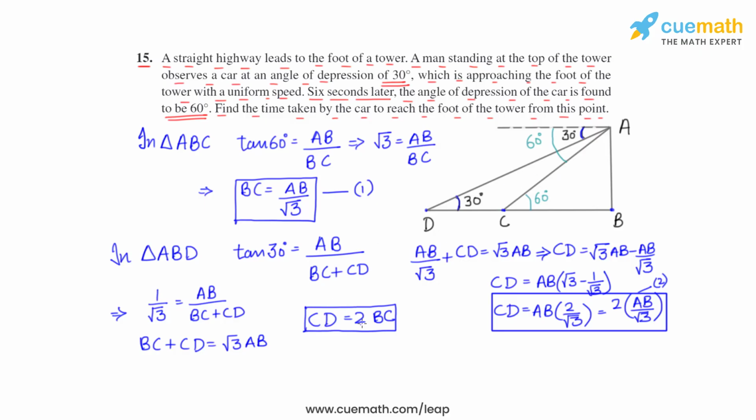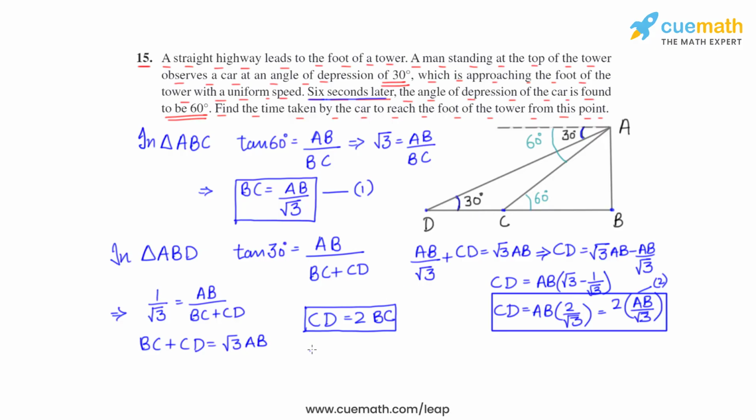So CD is twice of BC, and in the question they said 6 seconds later the angle of depression of the car is found to be 60 degrees. It means the time taken by the car to cover the distance CD was 6 seconds.